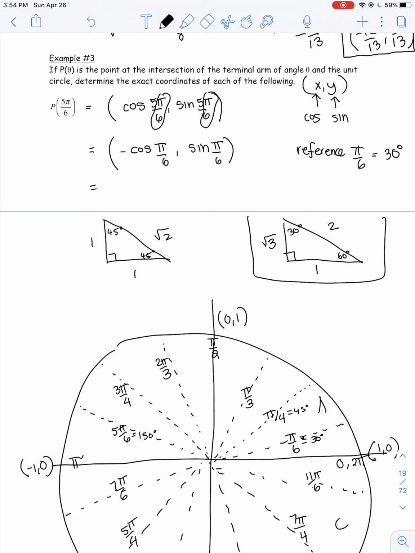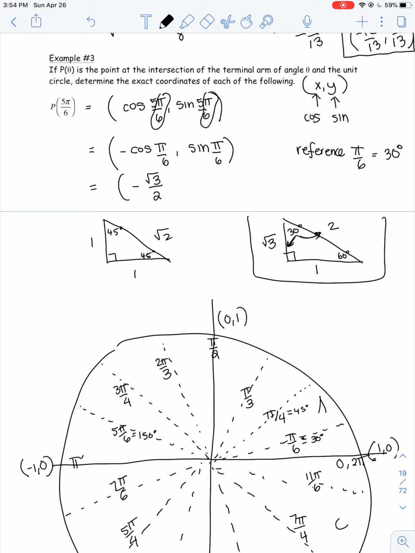Now, looking at our special triangles, we know that pi over 6 is 30 degrees, so we want the cos of that. So cos is equal to your adjacent side over your hypotenuse. So we're going to write negative square root of 3 over 2.